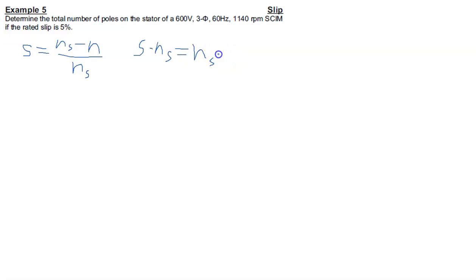And if I'm trying to solve it for ns, then I have to put all of them on the same side of the equal sign. So my negative n, bring that to the left, and I get n is equal to ns. I'm going to bring my s times ns across the equal sign, so that becomes negative.